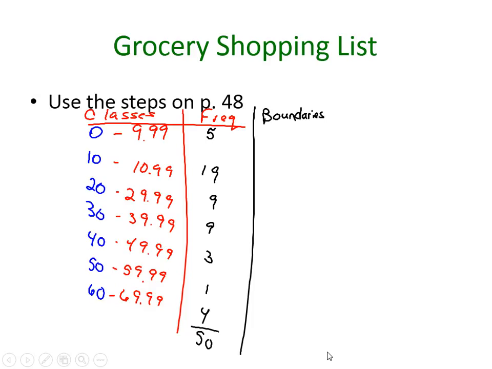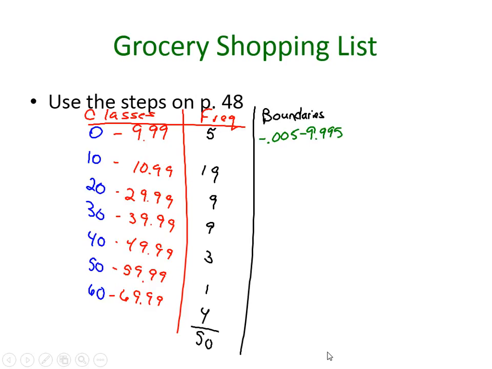It's 1 penny. If we're going to take that and cut it in half, we're looking at half a penny as that gap. So you're going to add the half penny to the upper class limits and subtract the half penny from your lower class limits. For my first class, it is going to go from negative 0.005 to 9.995.